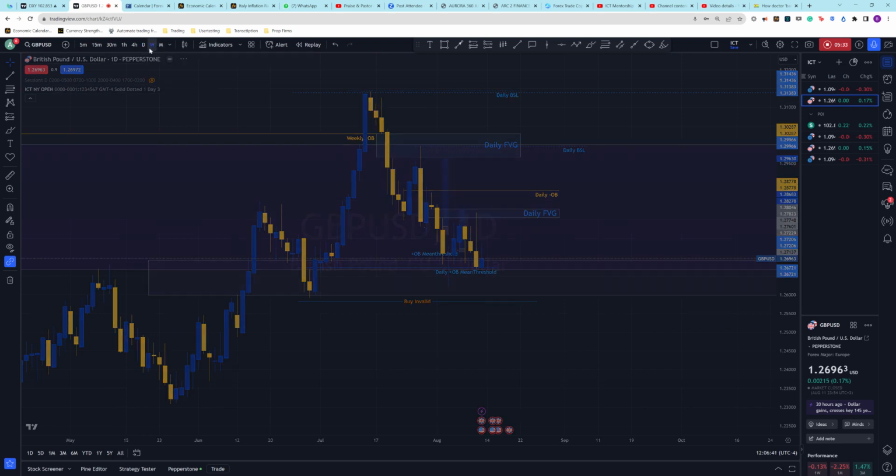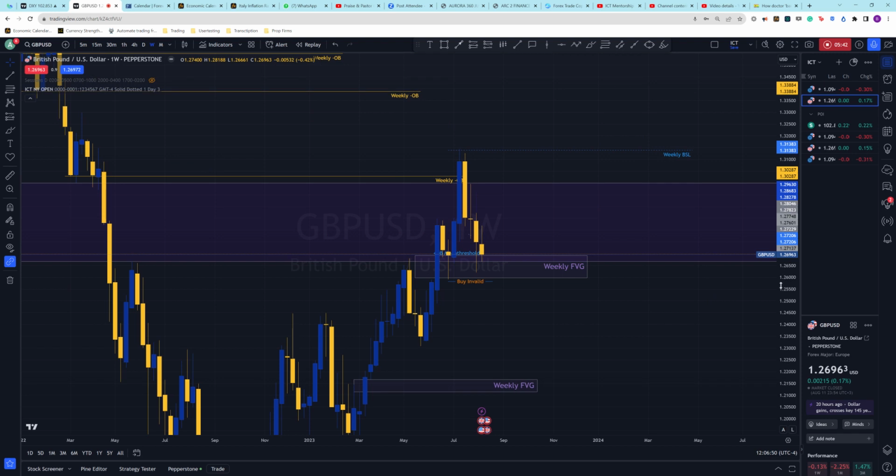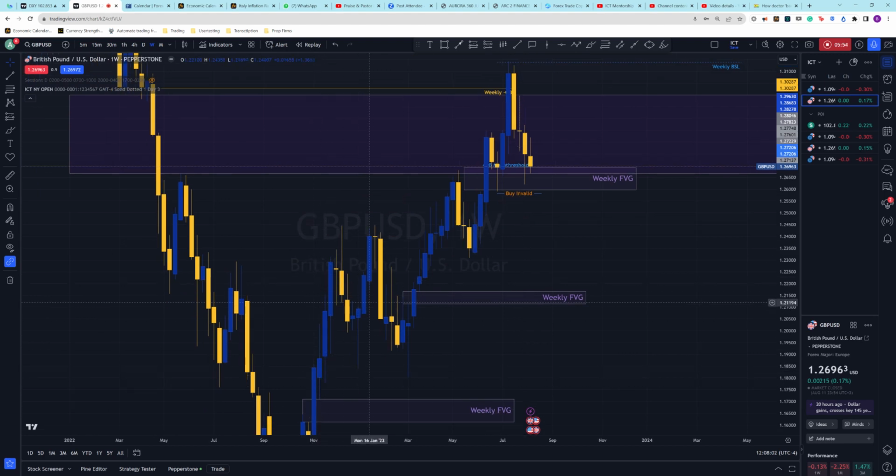Analyzing GU from the weekly time frame. We see how price closed last week. Price is more or less in an uptrend on the weekly. We have a fair value gap here.